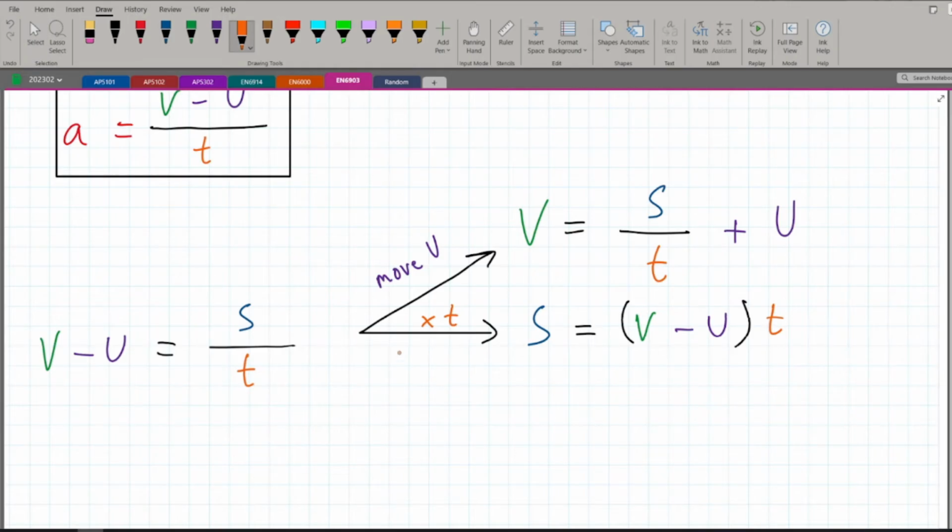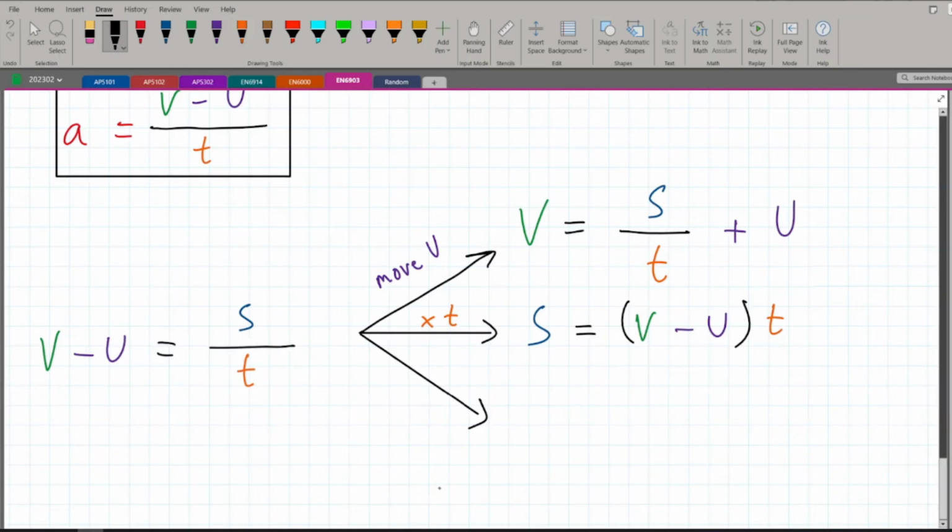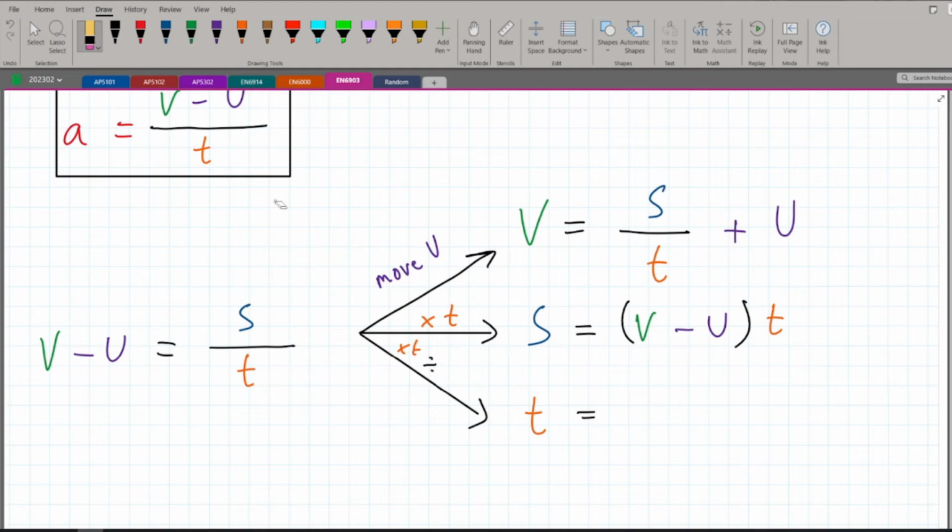Another form, which is not very commonly used, is an equation to find the time. If you are given all of these, you can try to find time. How are we going to find time? We are just going to multiply by time and then divide by v minus u. You will see how that looks in a little bit.